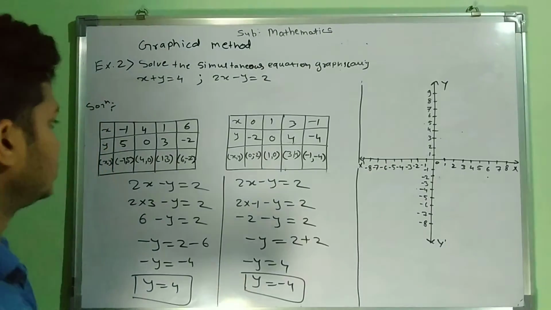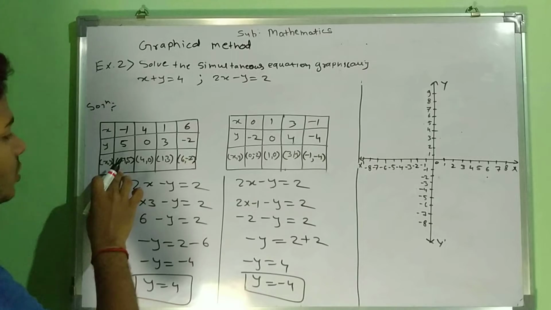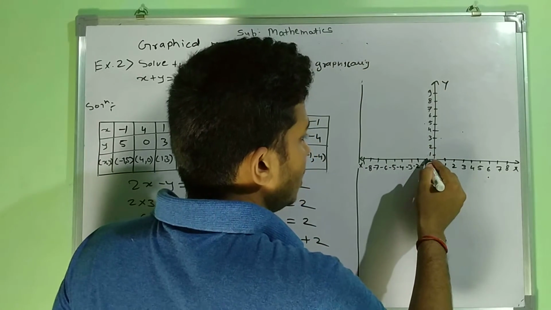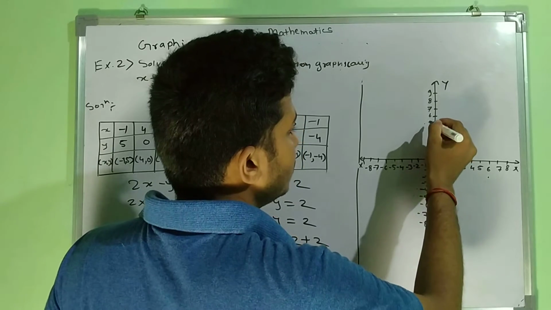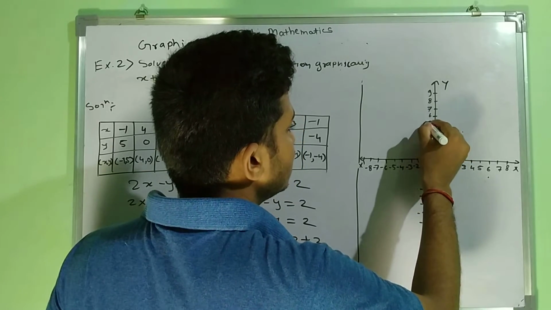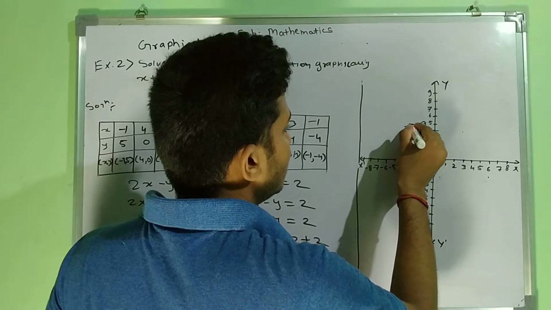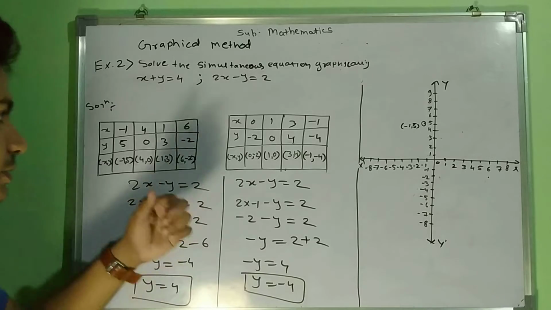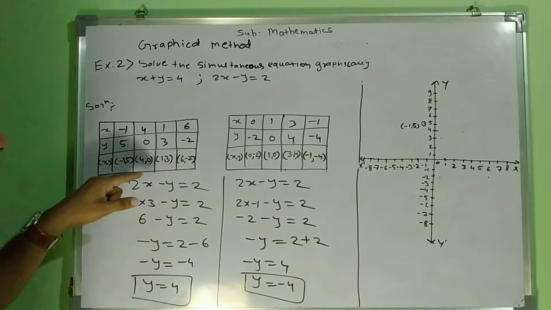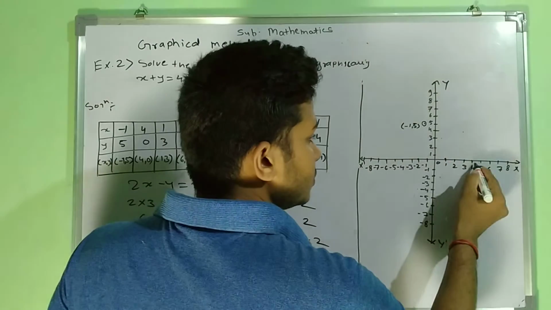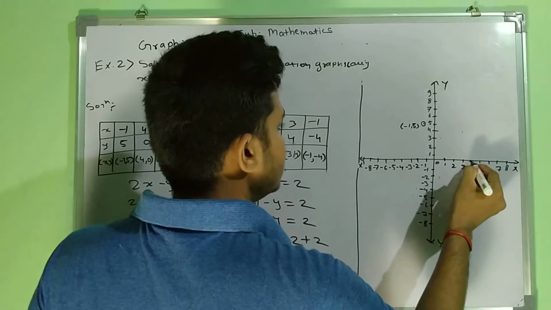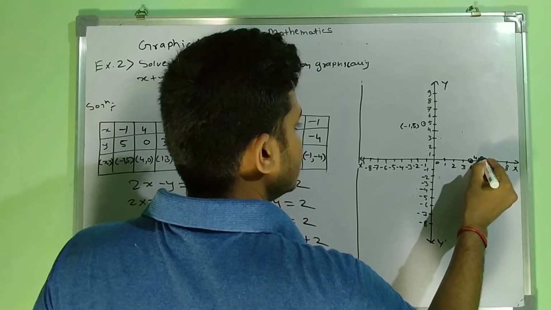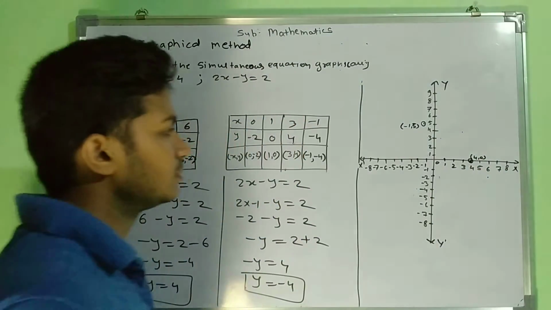First of all, the first order pair is (minus 1, 5). So minus 1 on the x axis and 5 on the y axis. That will be here, minus 1, 5. The second one is (4, 0). That means 4 on the x axis and 0 on y, here.